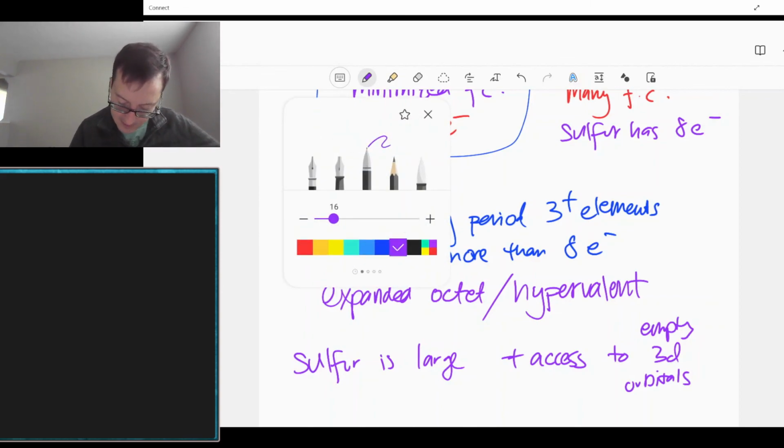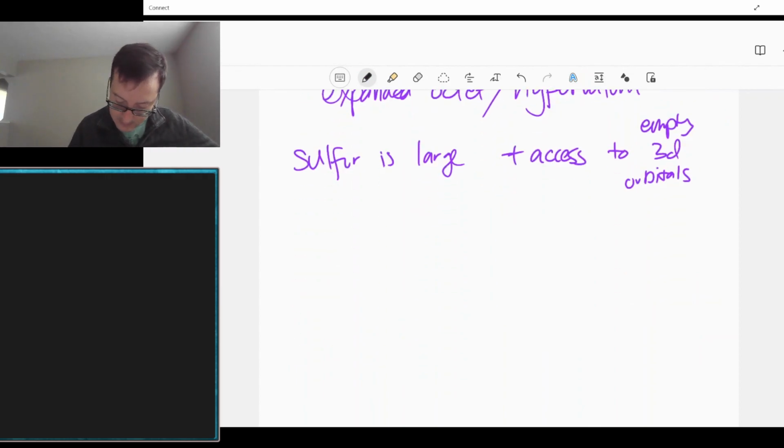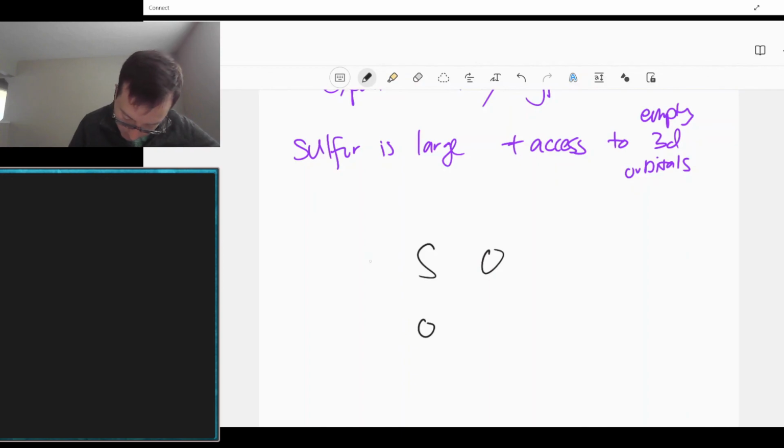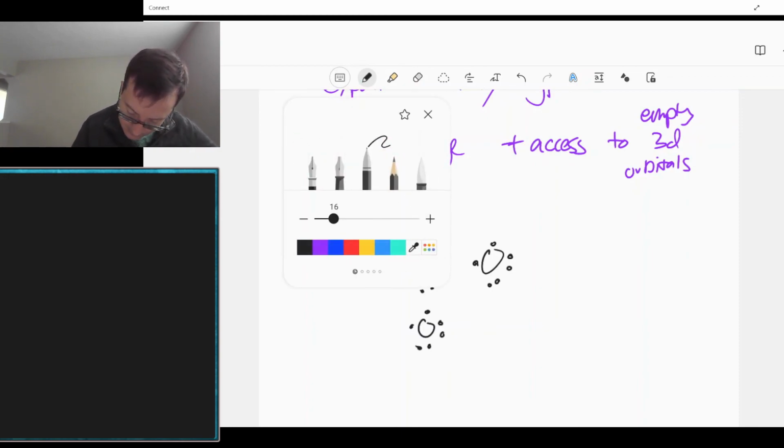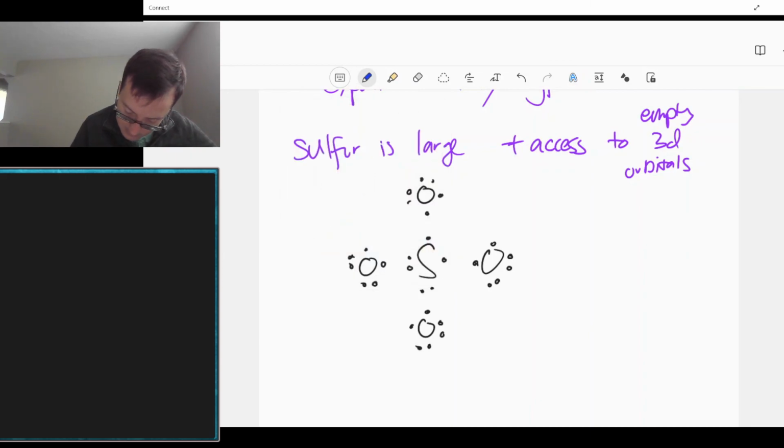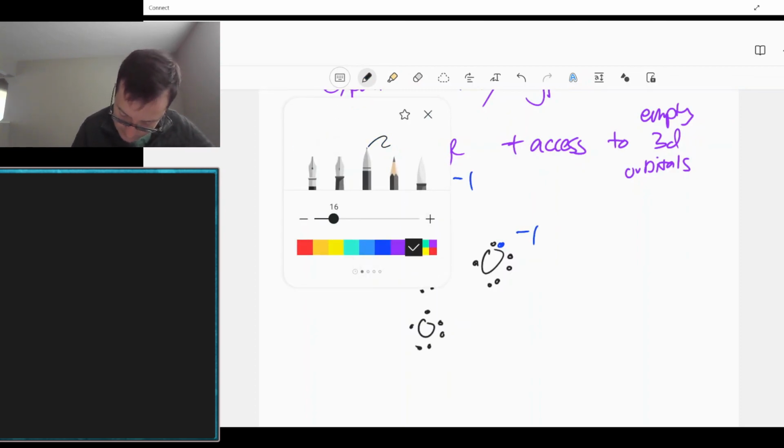All right, real quick, I'm going to do the second method with the sulfate. Okay, let's give some extra electrons. 2 extra electrons, because sulfate has a -2 charge. So boom, we know those will be -1. Connect the dots.